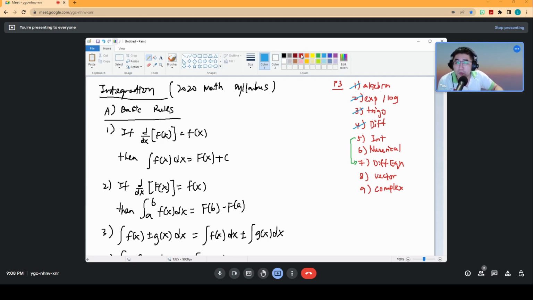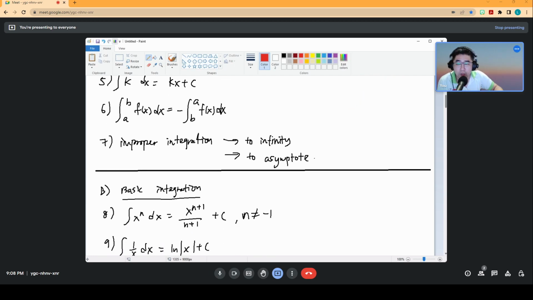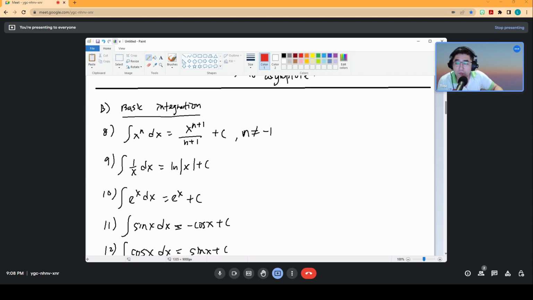We have a basic rule. For your introduction, just let you look through all the formulas that you're going to do. We have basic rule. After that we have basic integration.